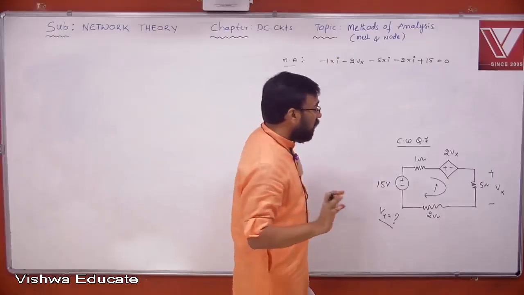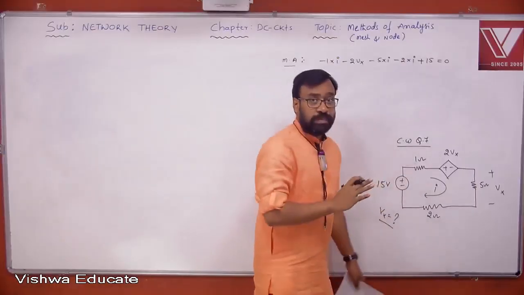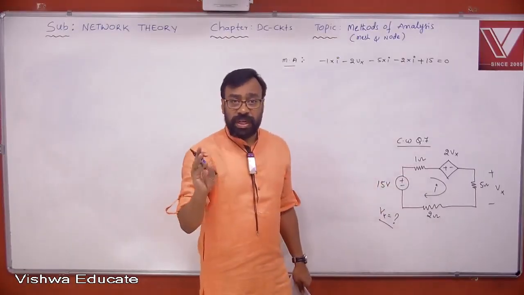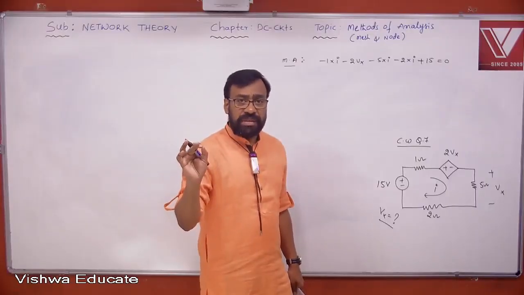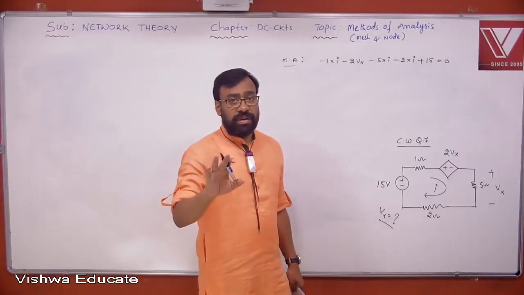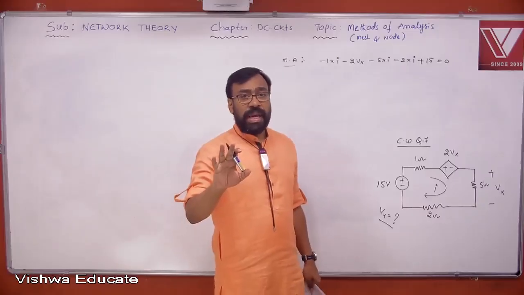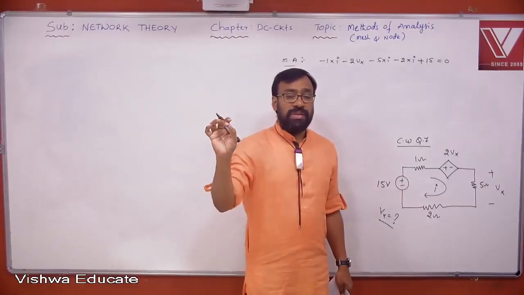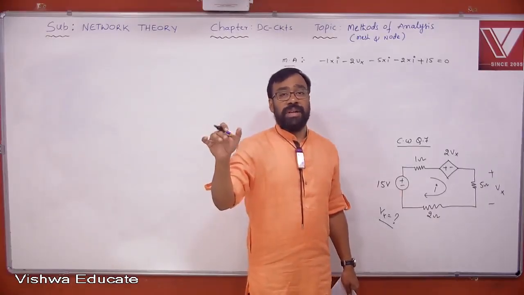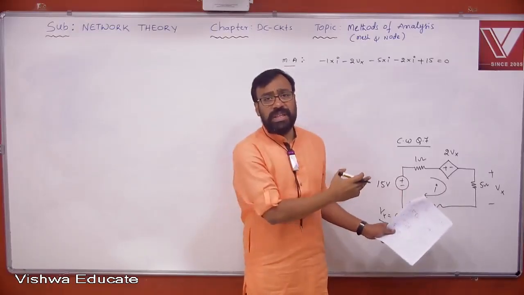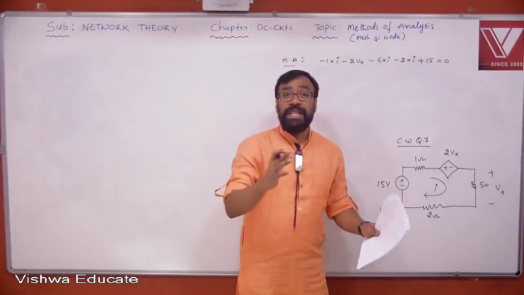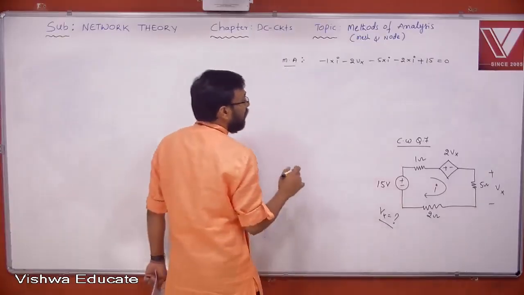That extra equation can be obtained usually by Ohm's law, KCL, KVL, current division or voltage division. There are only 5 ways you have. Using any one of these based on the situation, based on the problem given, you can obtain that extra equation. Understand?